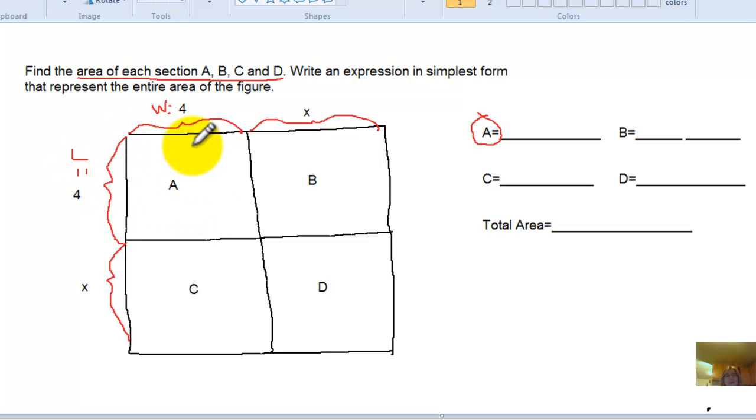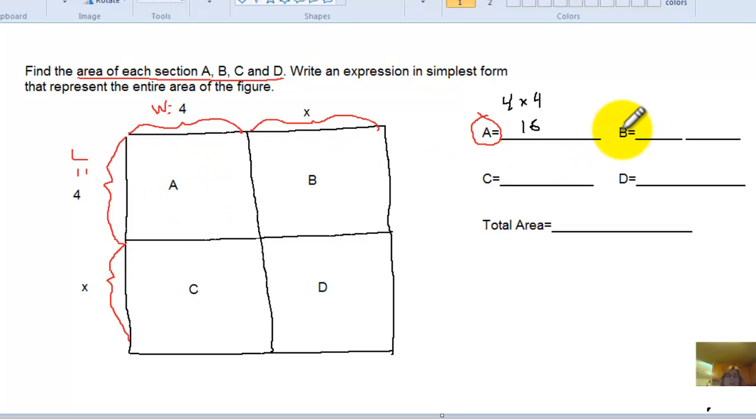So that will give us the area of section A. And that will be 4 times 4, which is 16. So you know where we got that from. I'll just write 4 times 4. And that would be 4 times 4 is the area of A.